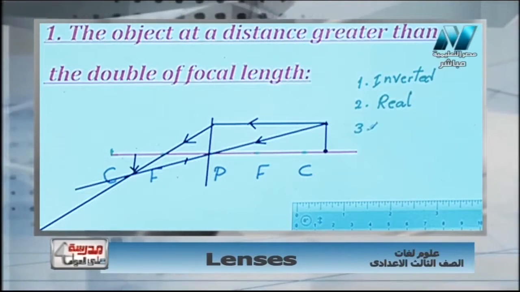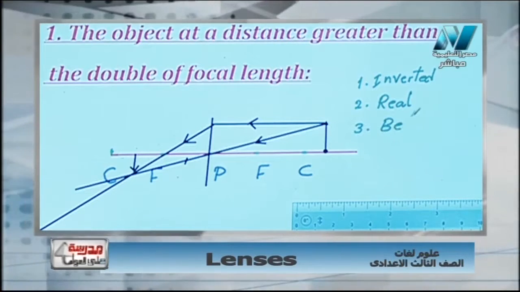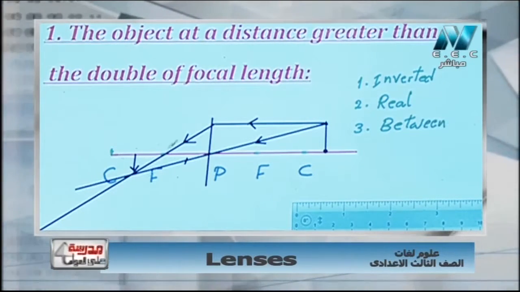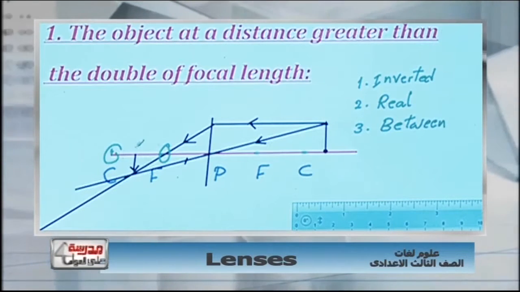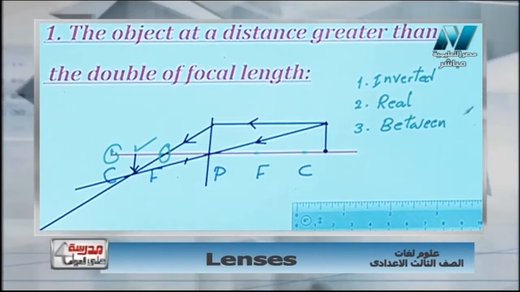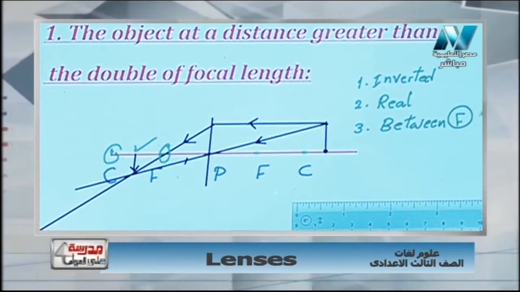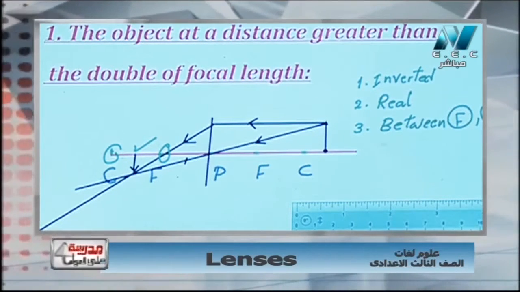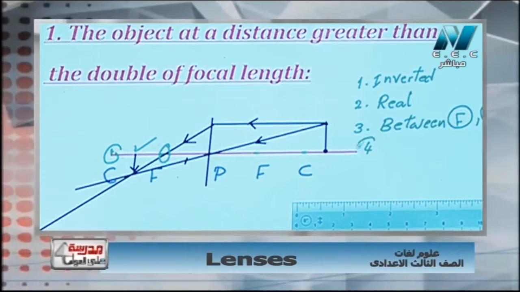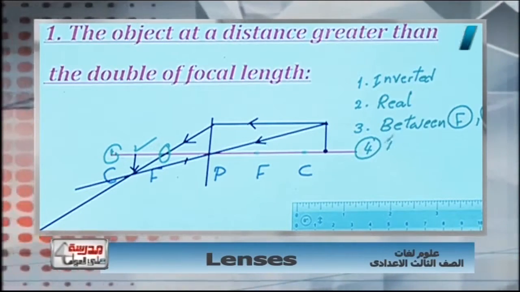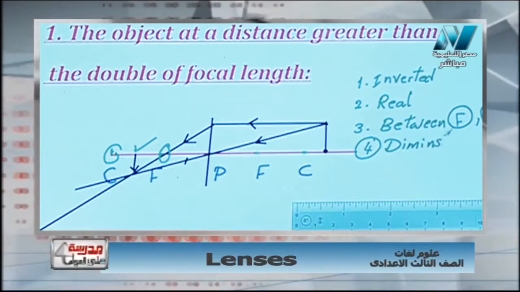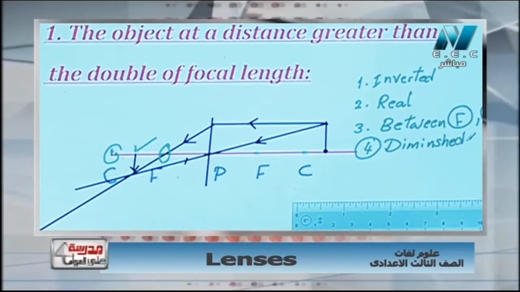Number three, the position of the image is between F and C. And number four, the image is diminished. Diminished means smaller than the object.